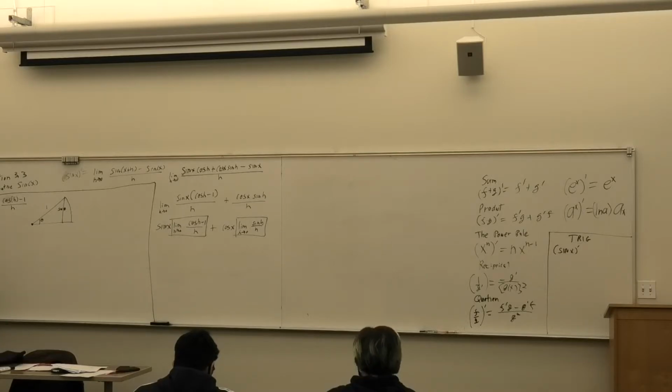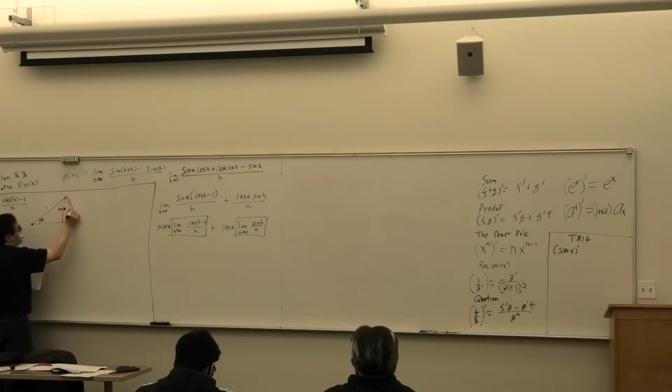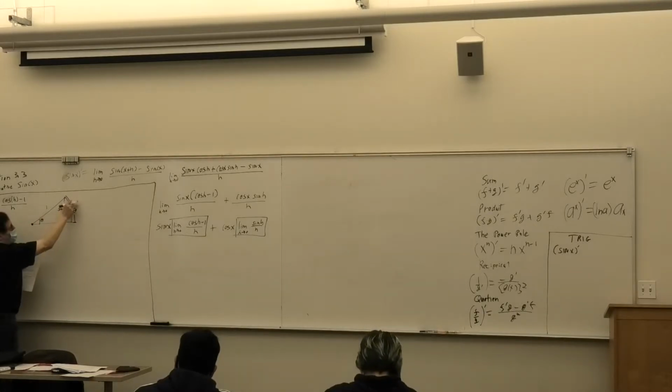Well, how do we know that? Opposite over the hypotenuse is the sine of theta, but the hypotenuse is 1, so the length here is sine of theta. And recalling that theta is in radians, the length here is just theta, because theta times 1 is theta.